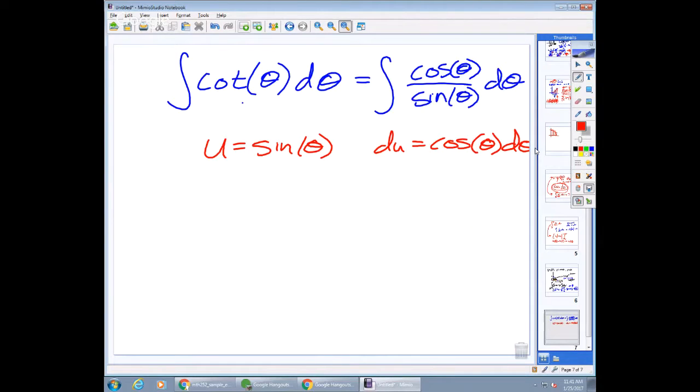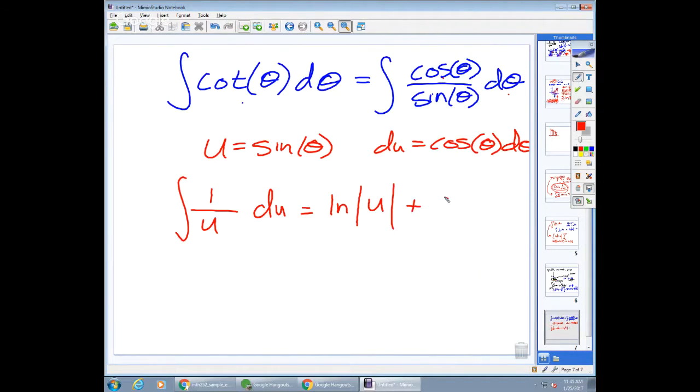And so u substitution is quite slick here. Cosine times d theta, that's just du, which leaves me 1 over sine, which is really 1 over u. And the antiderivative of 1 over u is the natural log of the absolute value of u.